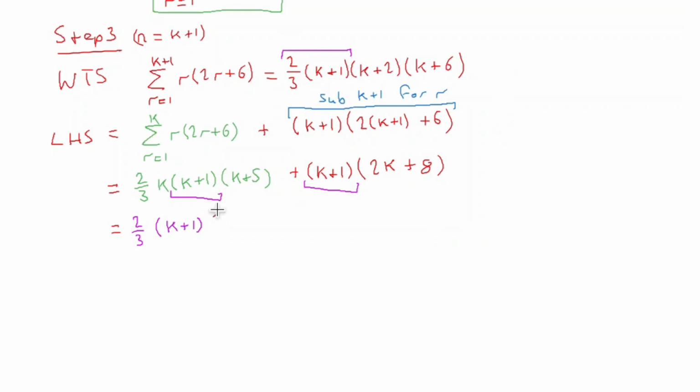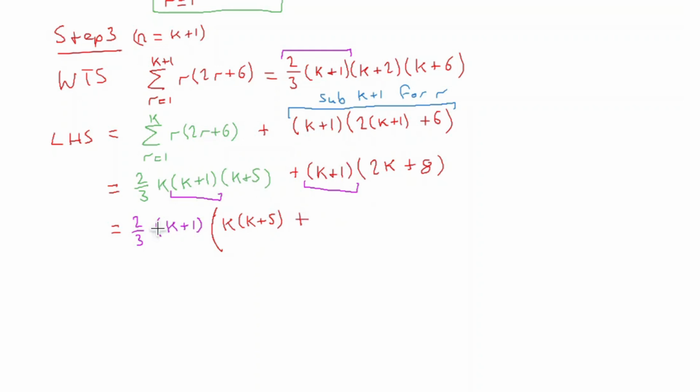Okay, so now let's think about what am I multiplying the 2/3 k plus 1 by to get each of these things. For the green bit, I've got the 2/3 and I've got the k plus 1, so I need to multiply it by k plus 5. Right, if you imagine expanding these brackets, you would get that green bit above.